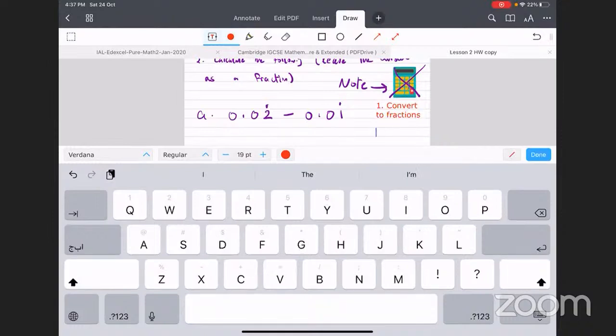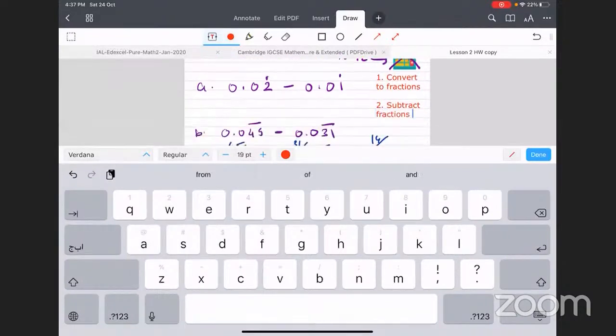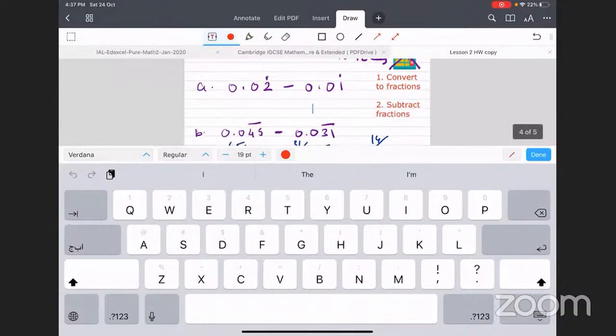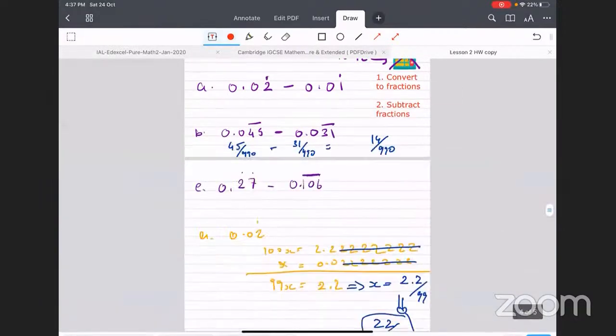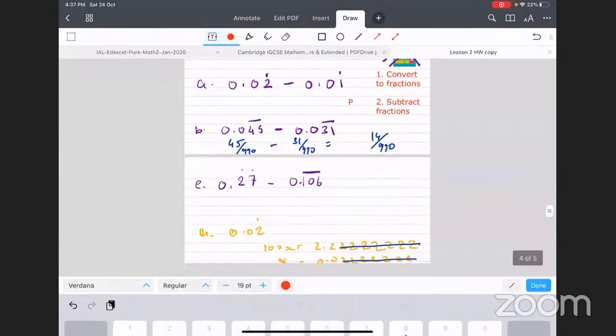Then number 2: subtract fractions. Okay, done.